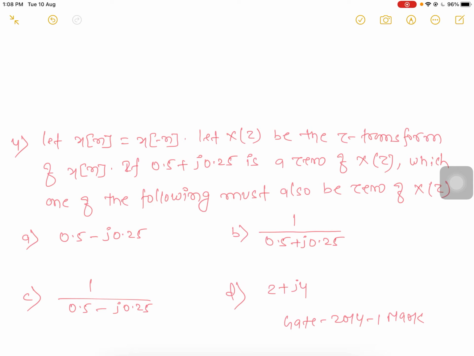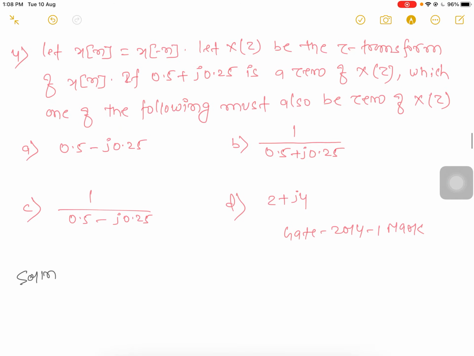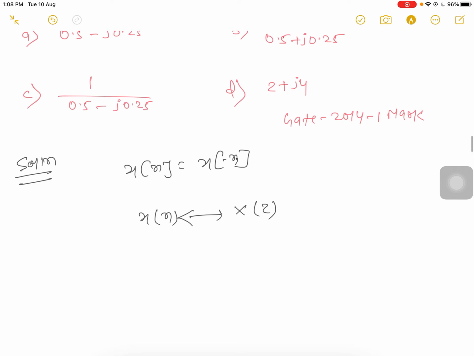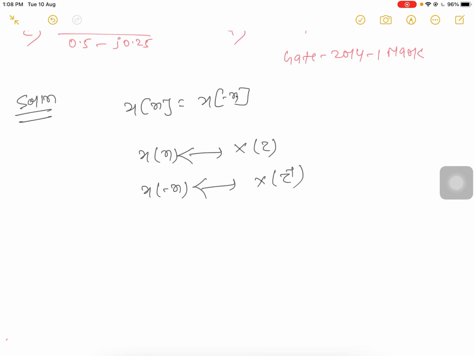Question number 4. Let x(n) be equal to x(-n). Let X(z) be the Z transform of x(n). If 0.5 plus j0.25 is a zero of X(z), which one of the following must also be a zero of X(z)? Solution: x(n) is equal to x(-n). The Z transform of x(n) is X(z), so the Z transform of x(-n) is X(z inverse).